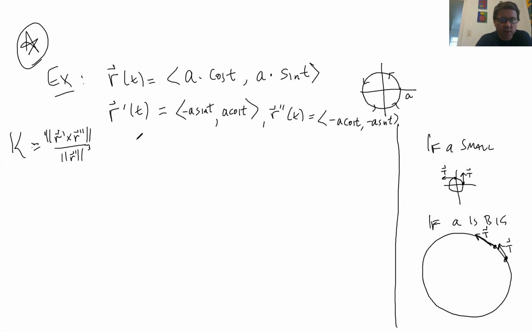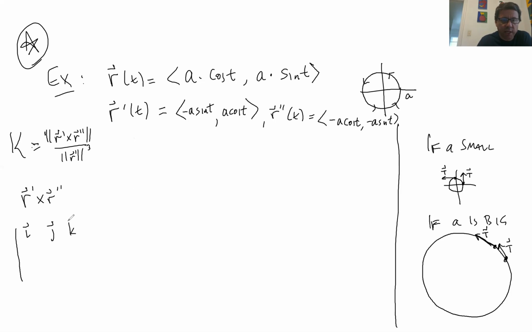So let's find these things real quick. r prime cross r double prime. Now you're like, well, wait, there's no k component. So that's where you have to stick in the k component being 0.